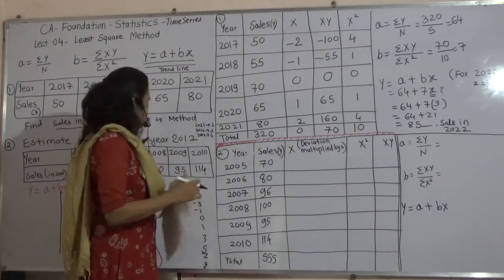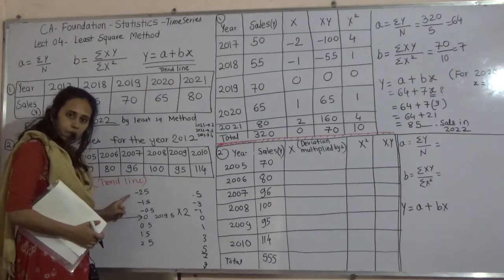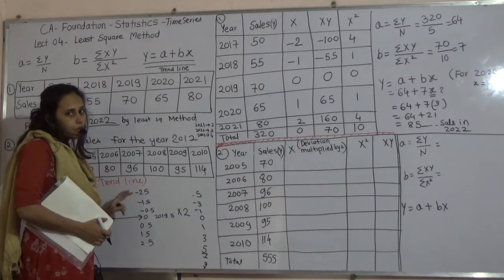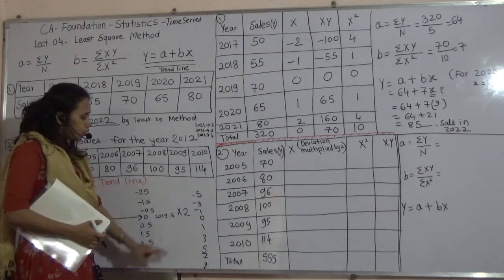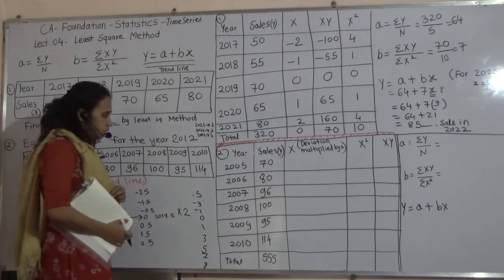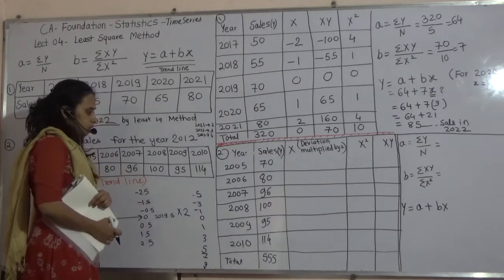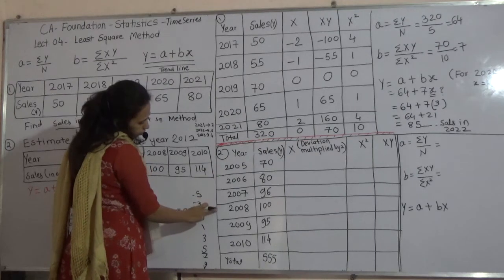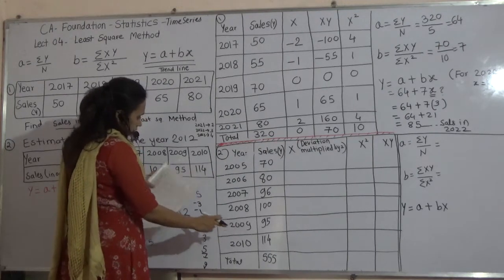Now same way, the answer will come as it is 2.5, 1.5. But for the sake of easy calculation, what we have done, we have multiplied all these by 2. So it's minus 5, minus 3, likewise. Okay, so middle year, I will write over here.